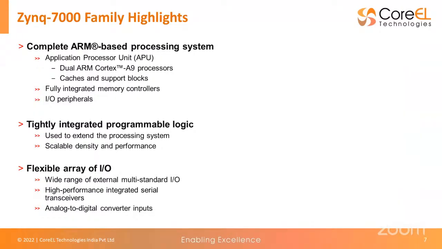Moving forward, when we talk about the Zynq family, the combination of your processing system along with your programmable logic, the PS and PL combination, what we're going to see is a multi-core processor along with a tight integration with your programmable logic. This combination enables high performance designs to be run smoothly for deployment and understanding.